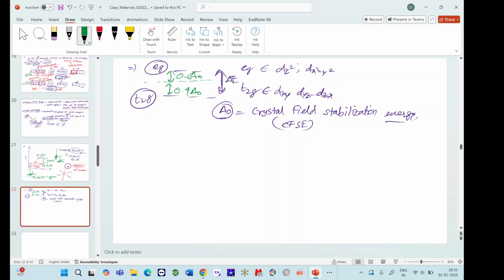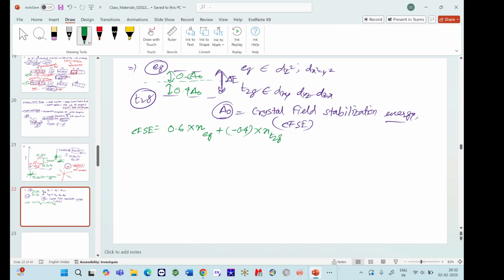Now, how will you calculate this CFSE? The formula for CFSE is 0.6 into the number of electrons in the eg level, minus 0.4 into the number of electrons in the t2g level.